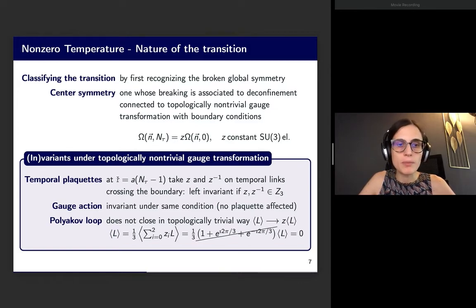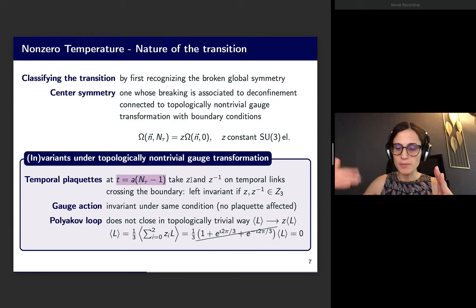If you think about temporal plaquettes in this last time slice close to the boundary, and you look at the boundary conditions for the gauge transformation in the temporal direction, you understand that the two temporal links that appear in those kinds of plaquettes are going to take a factor of z and z^-1 respectively.